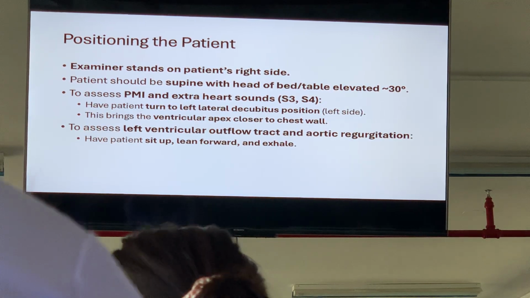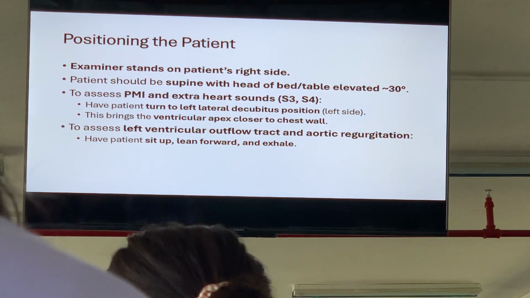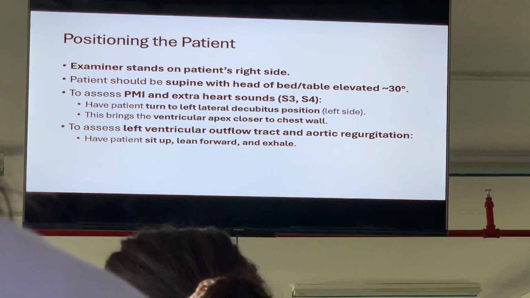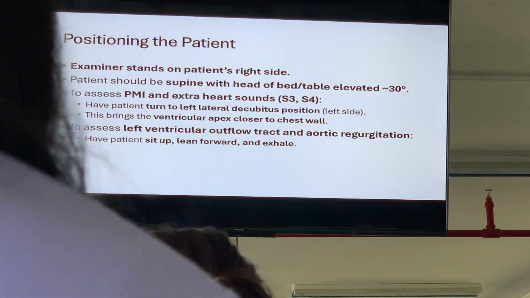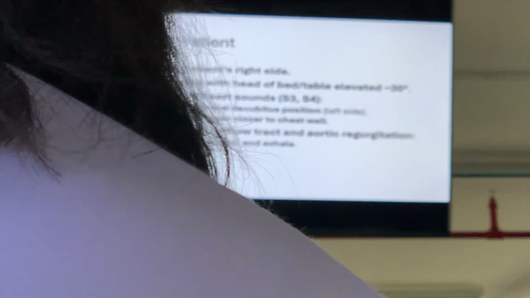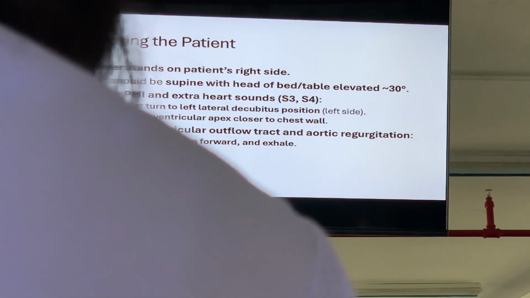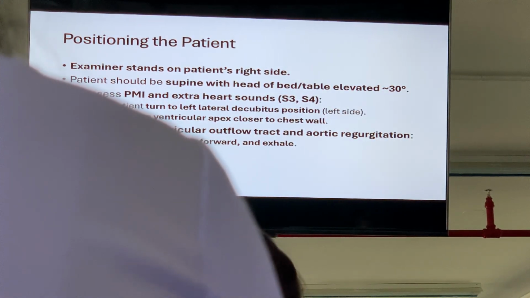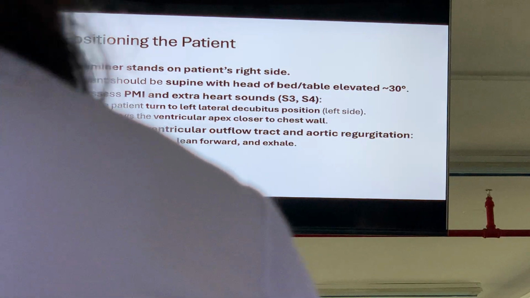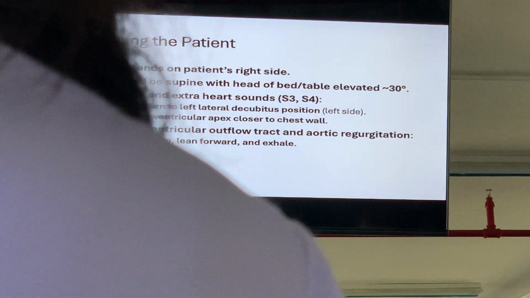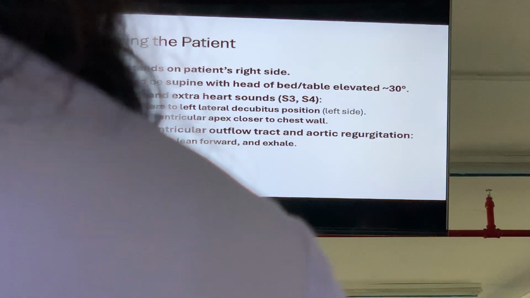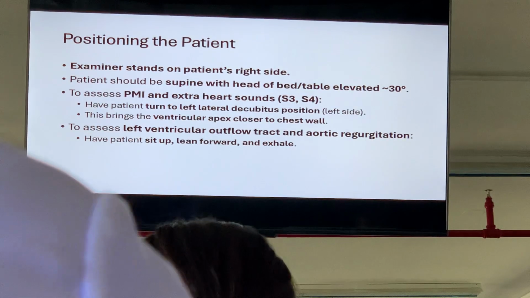Left lateral decubitus position. So instead of supine or flat, turn to the left side. Then using your two fingers, you palpate at the fifth. Who can tell me where the PMI is best palpated? At the midpoint.